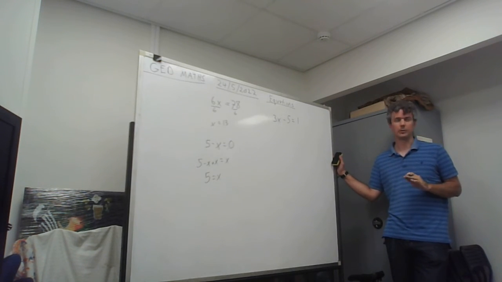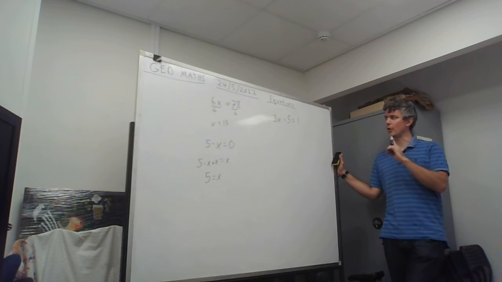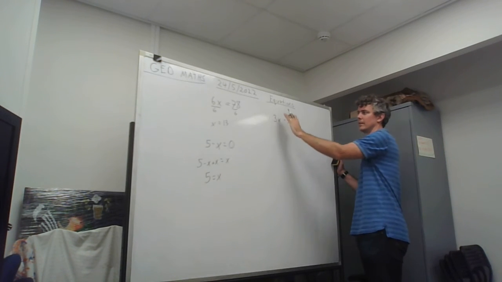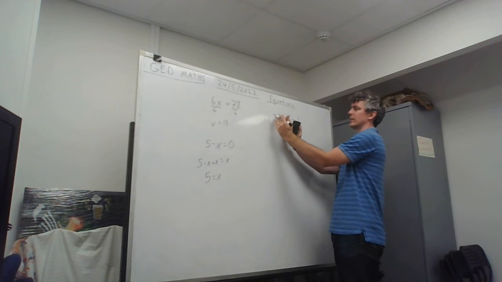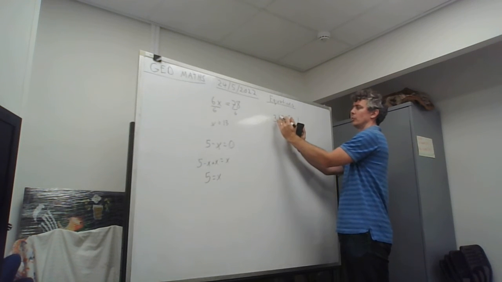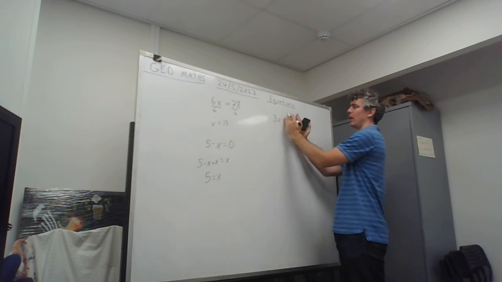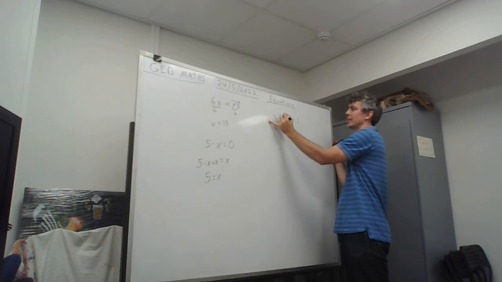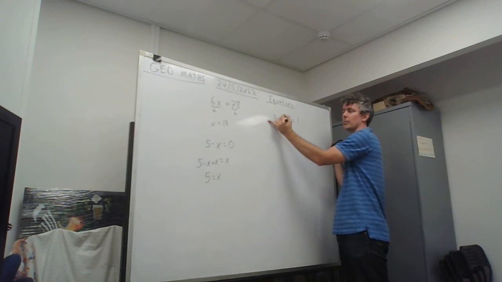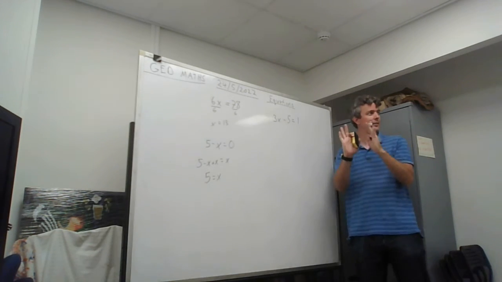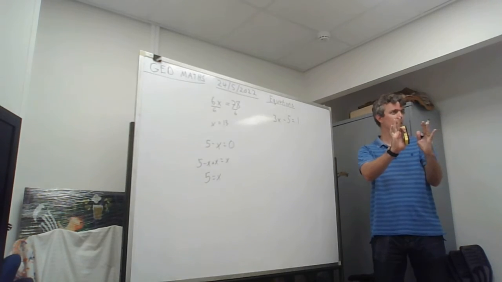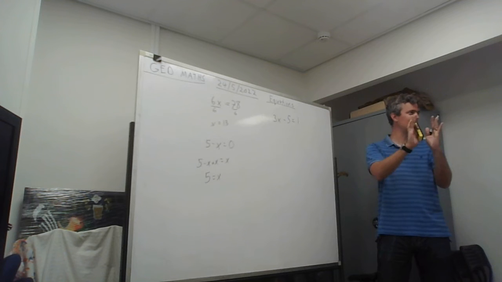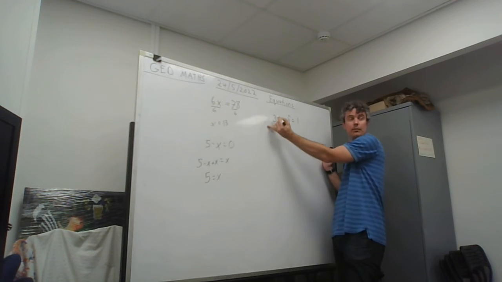Okay? Let's solve for x. The first thing you want to do is get rid of multiple terms, right? Whatever the term with the x is, you isolate that on one side first. Okay? So we add or subtract so we can get this term by itself.